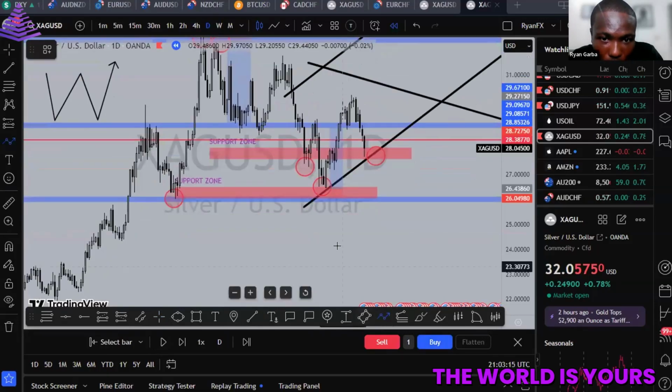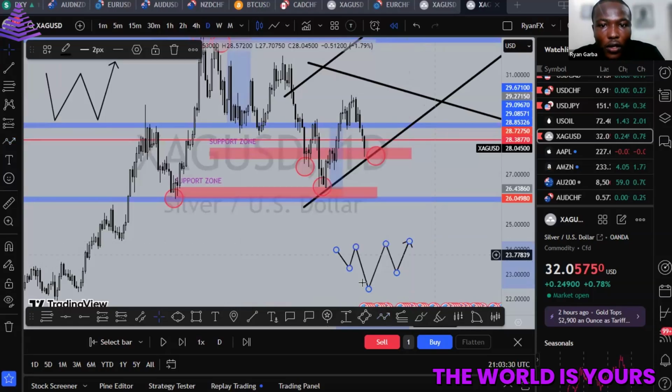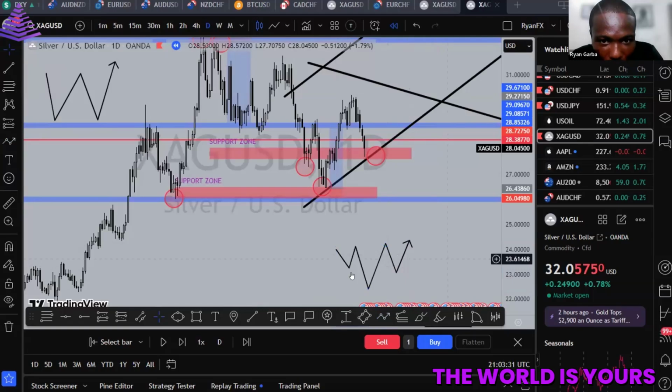So this is an inverse head and shoulder pattern.